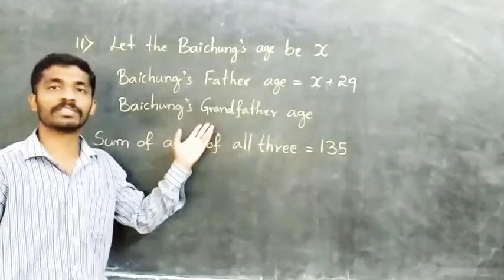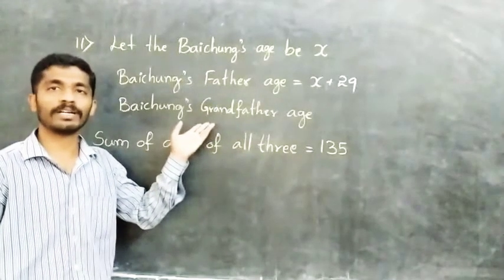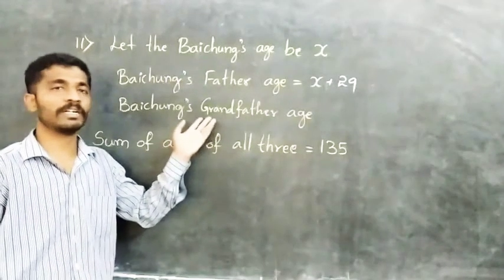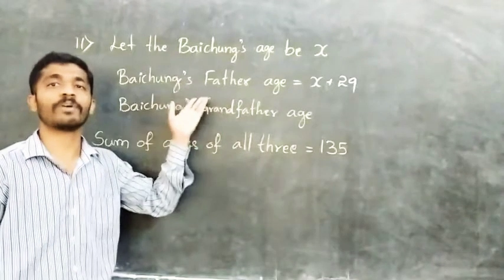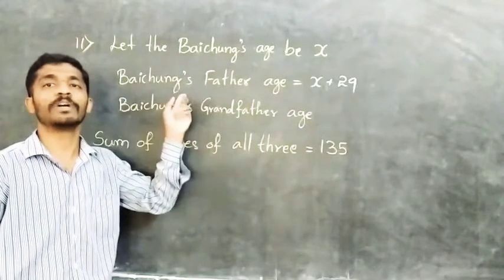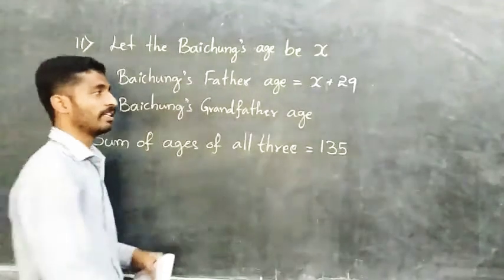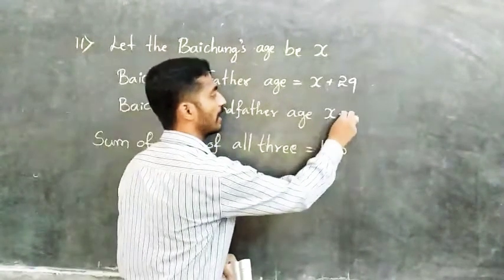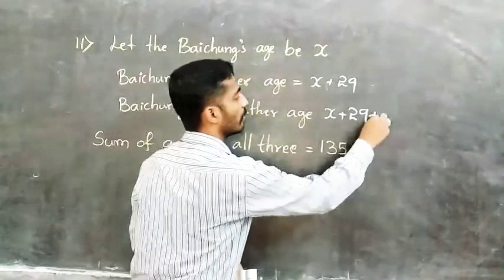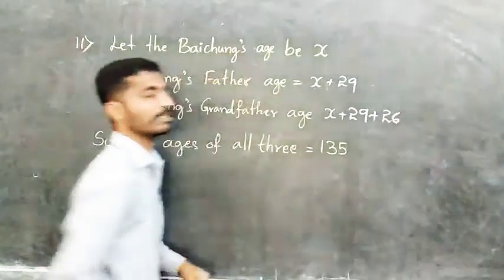And what about Baichung's grandfather? The grandfather is 26 years older than Baichung's father. So it will be x plus 29 plus 26.